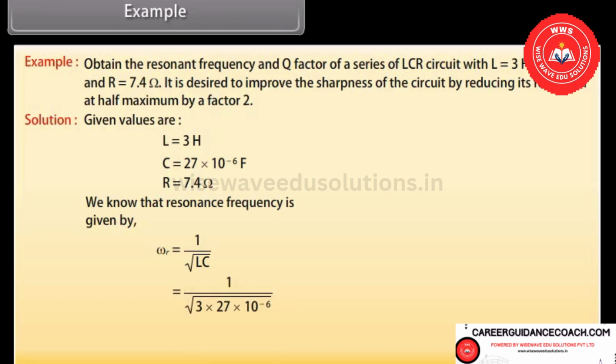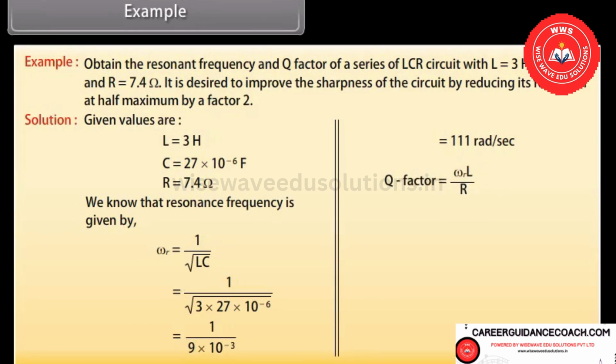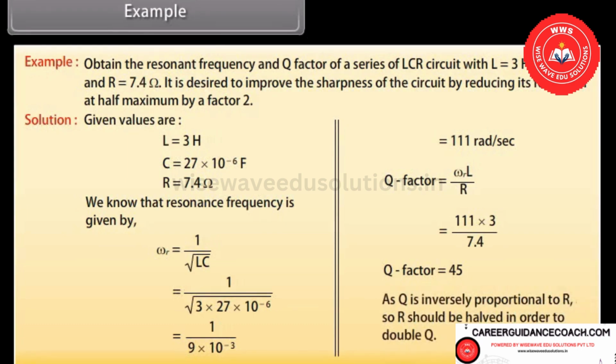Now, putting the values, we get resonance frequency equal to 111 radian per second. Q factor is equal to omega naught L upon R. Now, putting the values, we get Q factor equal to 45. As Q is inversely proportional to R, so R should be halved in order to double Q.